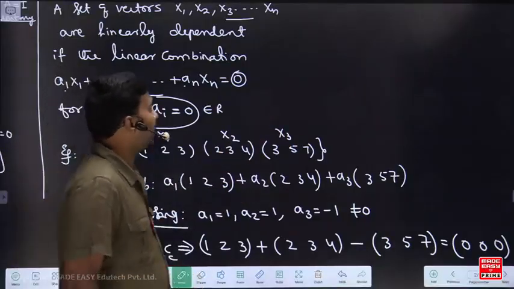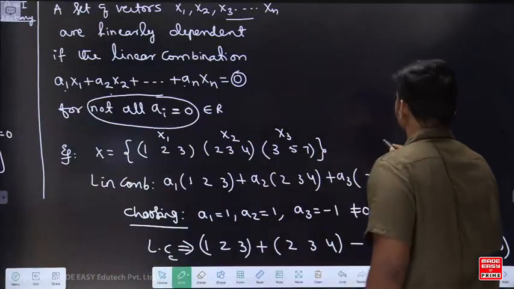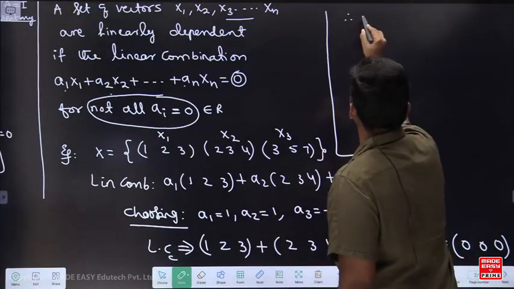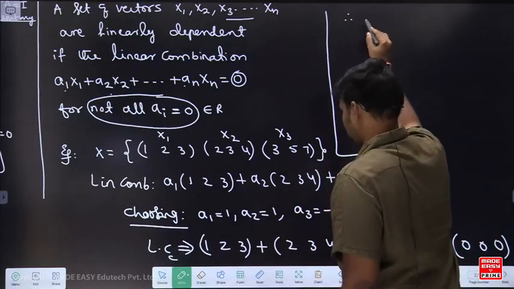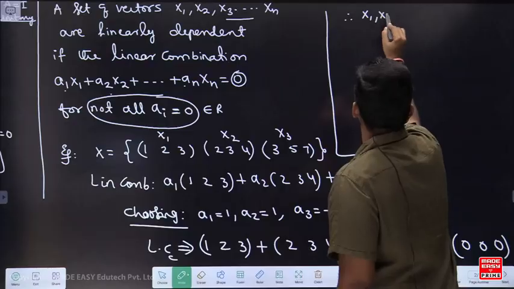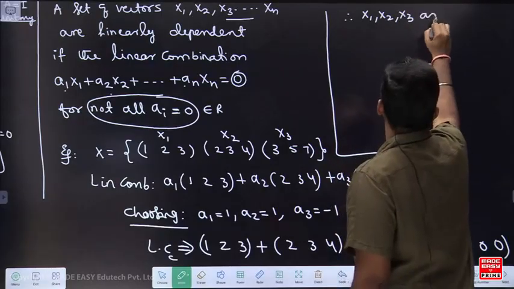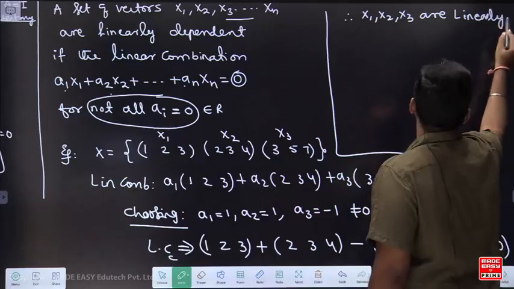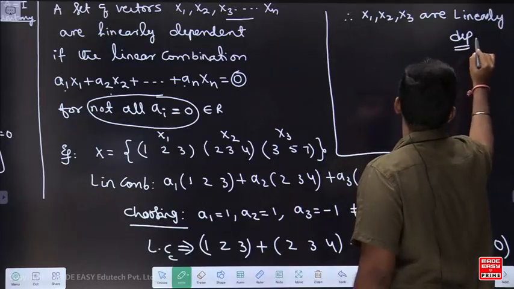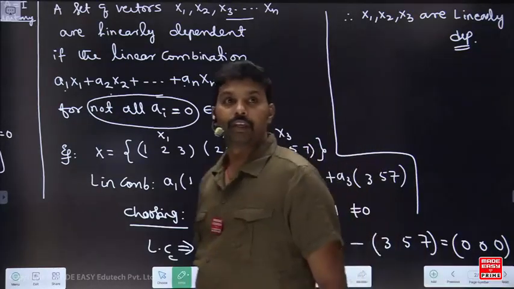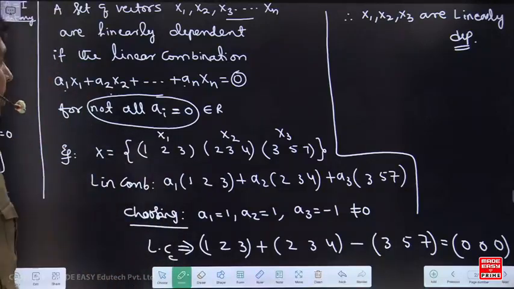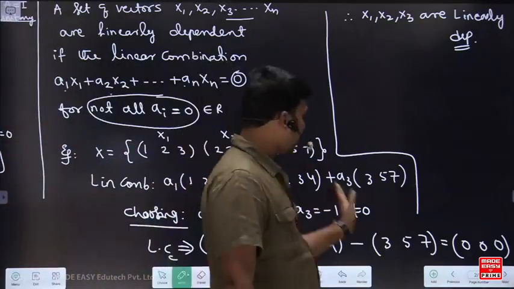So therefore, here x1 comma x2 comma x3 are linearly dependent. So for non-zero coefficients, we are getting this linear combination as 0.